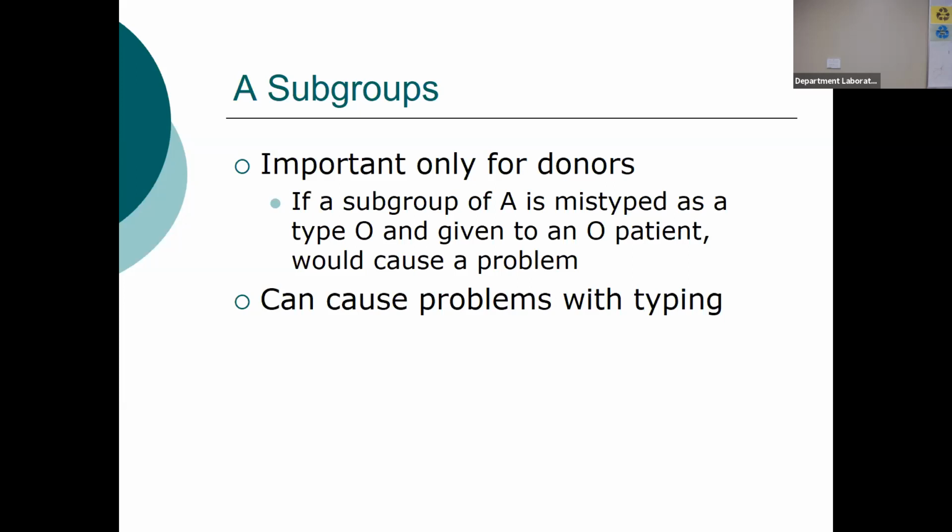So they're going to react with our B cells in the back type. They're also going to have a reaction with our A cells, okay? So you can imagine if your front type looks like an O and your back type looks like an O, that's why it's so important for donor testing that these subgroups of A be identified. We do not want a real A patient going to an O donor, okay? So we're going to see what that looks like in a future lecture.